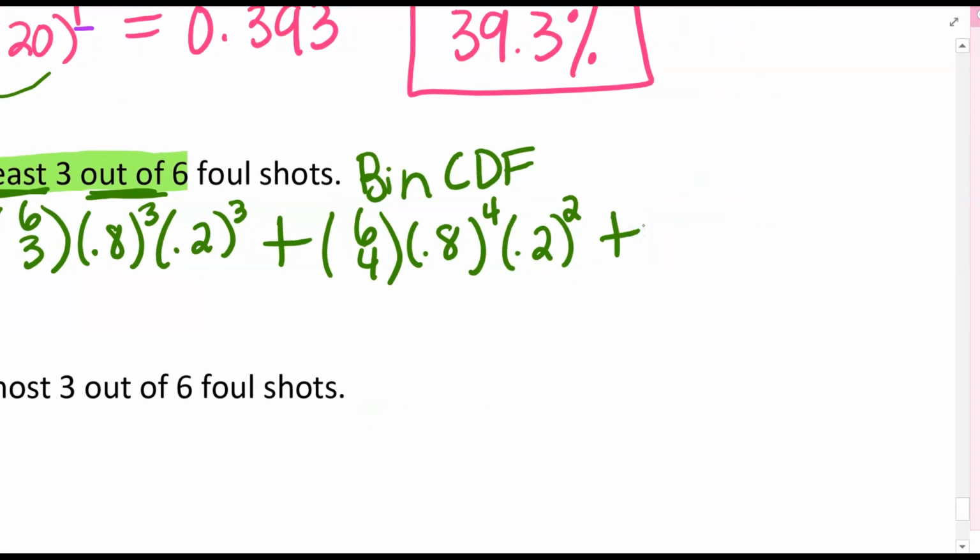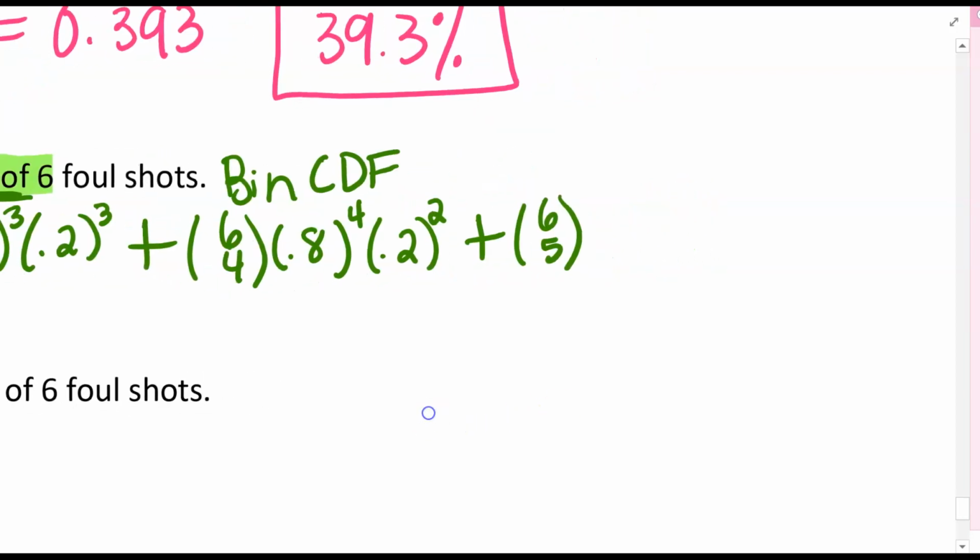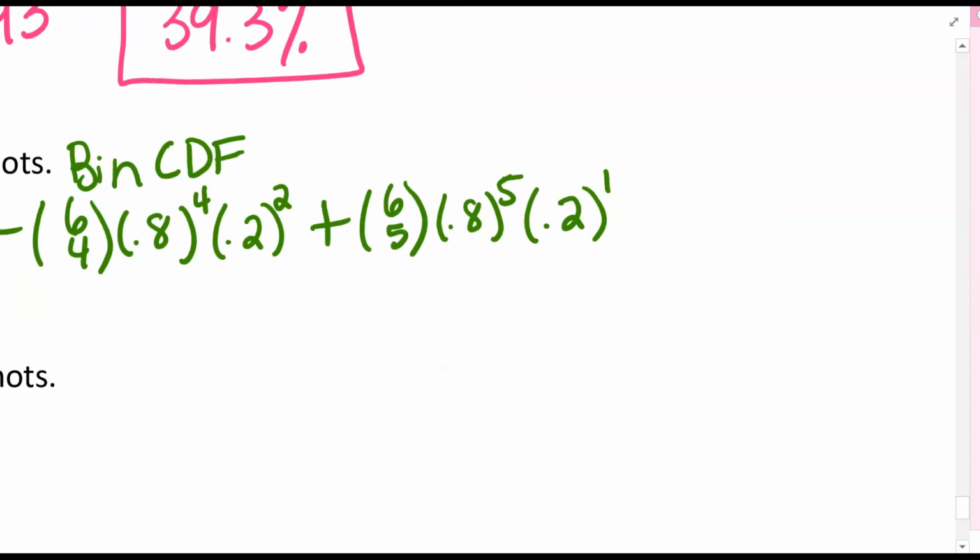She could make 5 out of the 6, so 6 choose 5, which means she's going to make 5 of them, so 0.8 to the 5th power, times the probability of failure raised to the number of failures, which is 1. Or she can make 6 out of the 6.